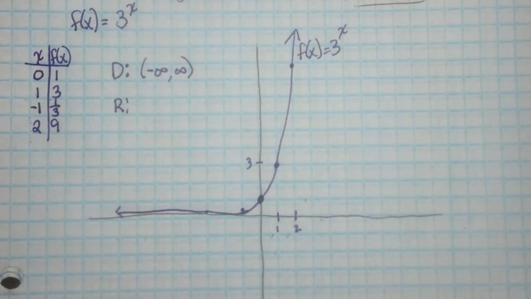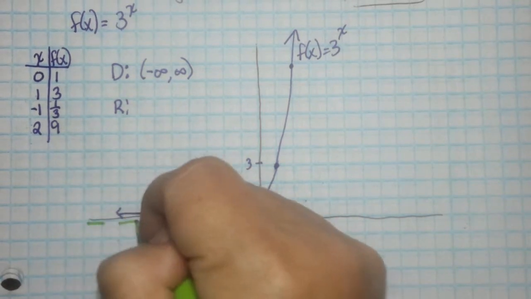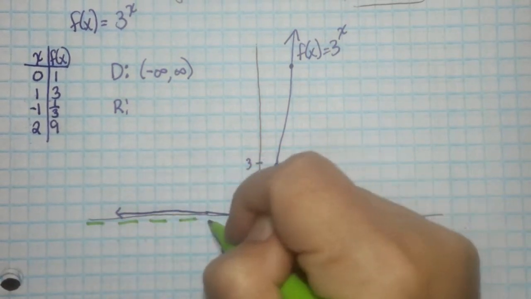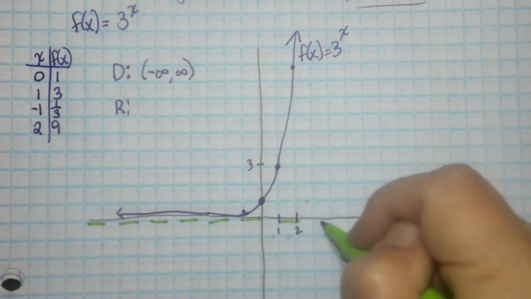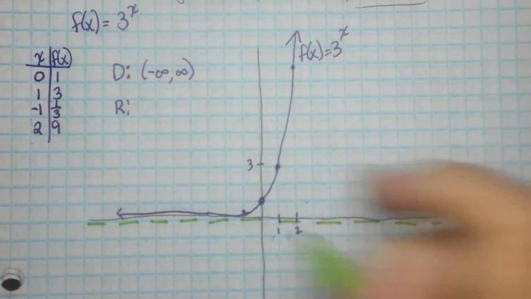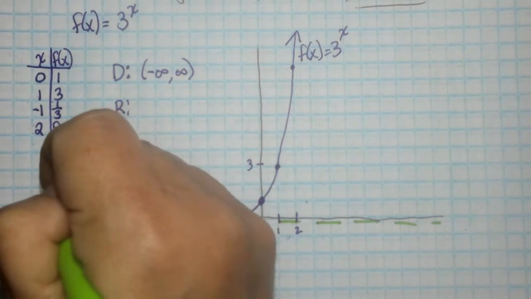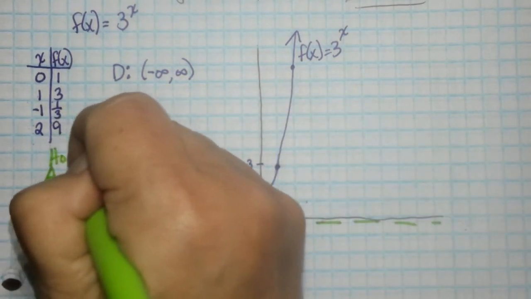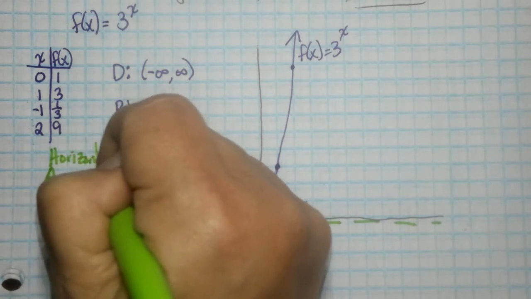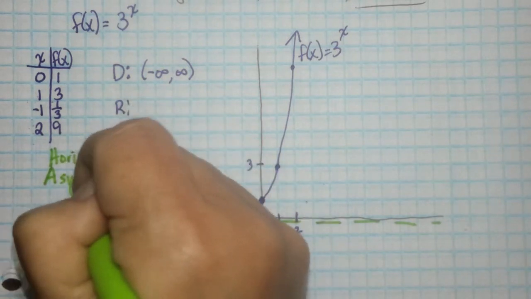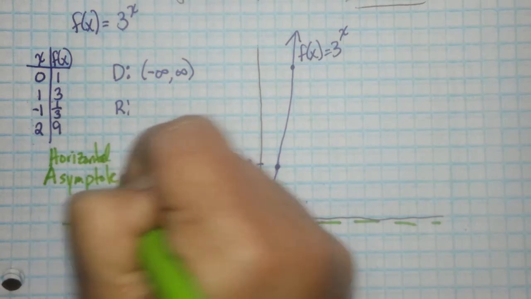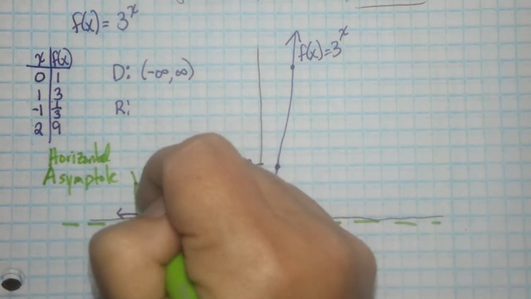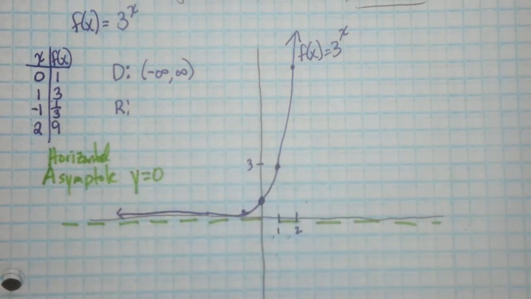Now when we go to do the range, that's when we will notice that there is an asymptote here. So I'm going to draw that in a different color. So this exponential function has a horizontal asymptote. And the equation for that asymptote is y equals 0.